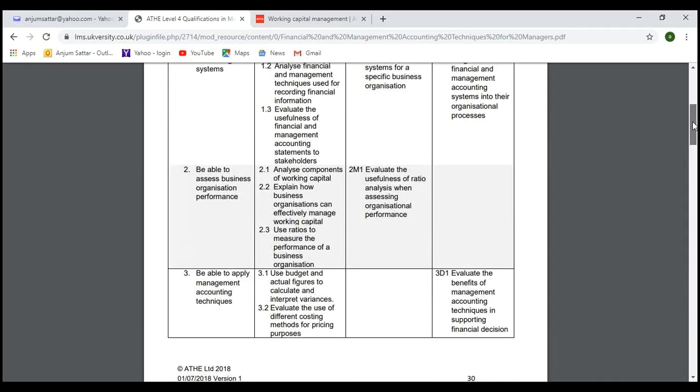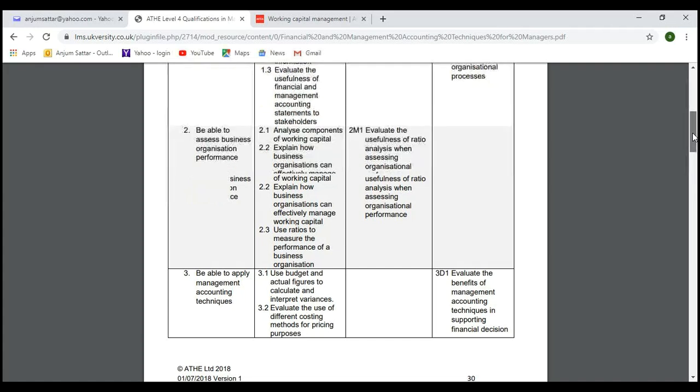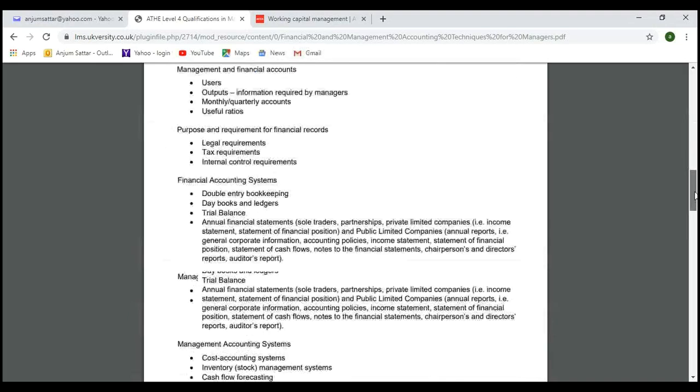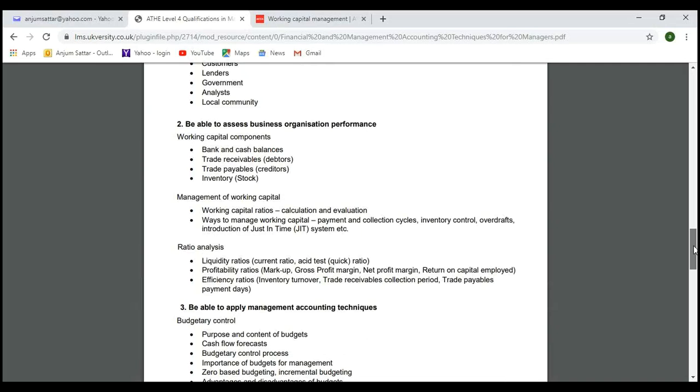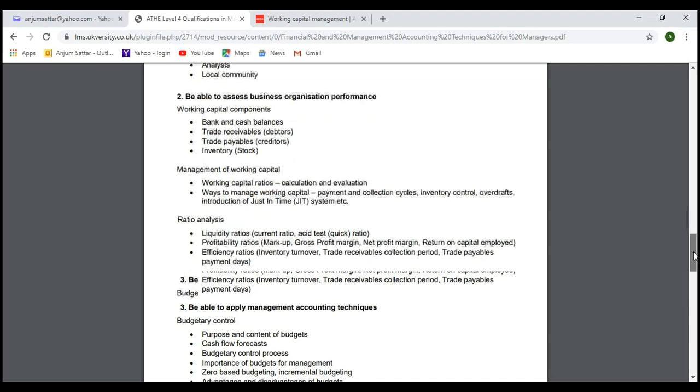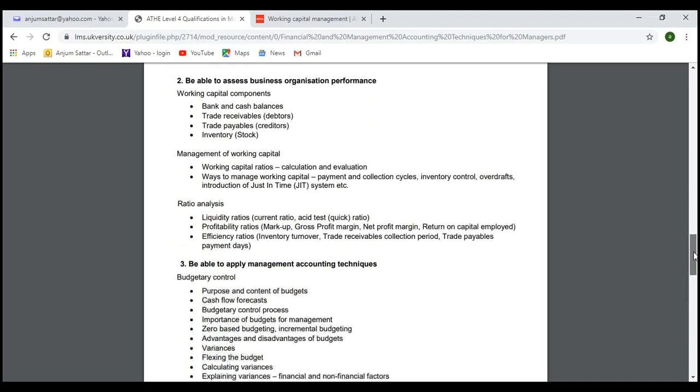In LO2, we have 3 assessment criteria: working capital, running capital, and the facility showing our working capital. We explained how we can manage it, and we discussed ratios. In the second lesson we discussed bank and cash balances, trade receivables, trade payables, inventories, and working capital.